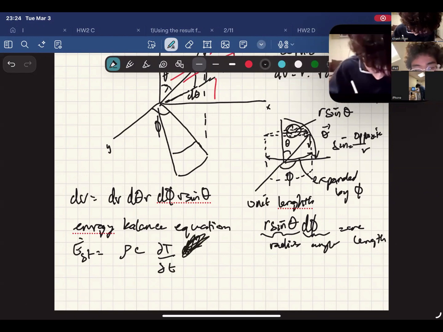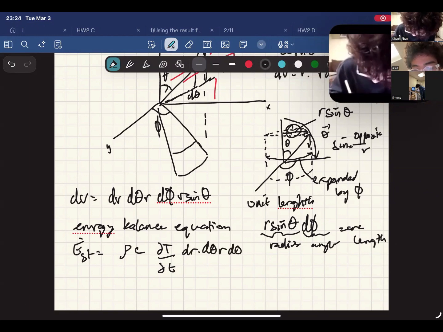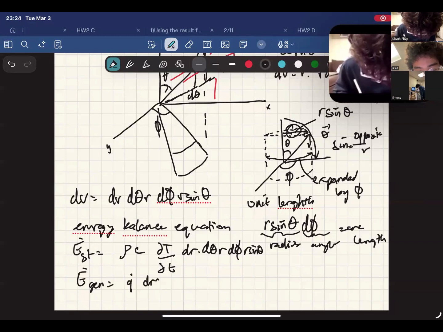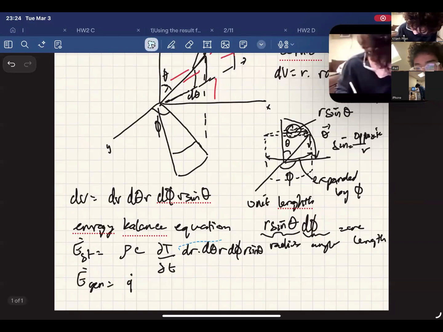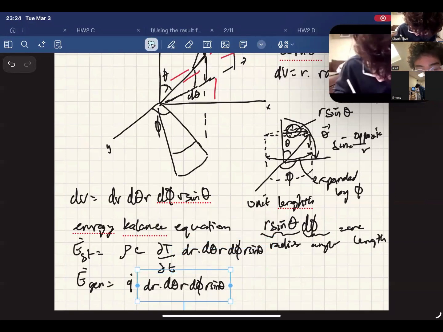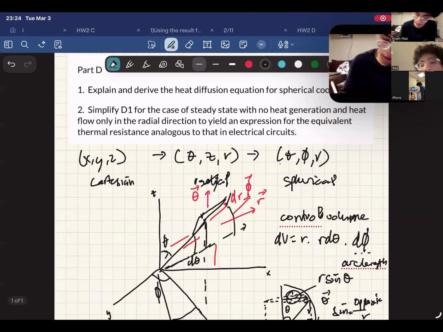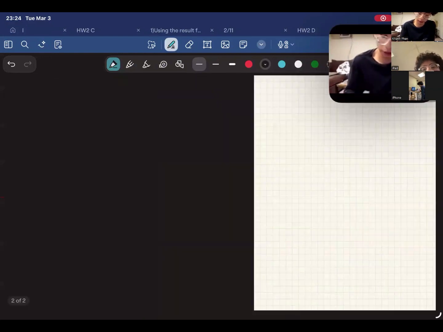I'm just going to write it out: dr times r d theta times r sine theta d phi. And then energy generated would be Q times the control volume. So I'm just going to copy paste down here. And now we're going to work through every single direction for the net heat flow, okay?